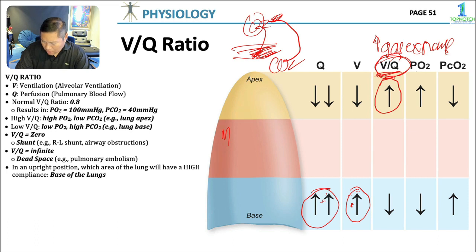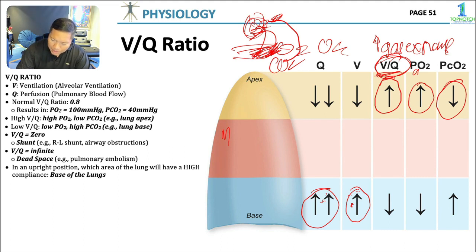Previous board exam question. Your arterial PO2 is highest sa apex, dahil mas nakakapunta yung oxygen papunta sa pulmonary capillary. Mayaman tuloy sa oxygen yung pulmonary capillary. Arterial PCO2 is lowest in the apex. Why? Yung CO2 mas natatanggal from the pulmonary capillary, mas nakakabalik siya sa alveoli.